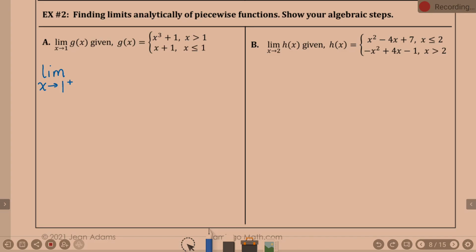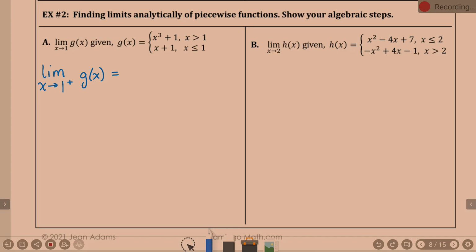And officially, I can say of g of x, because this whole thing is g of x, yes? If we're looking at the limit as x approaches 1 from the right, like what we were doing yesterday, we can plug the 1 in. Where do I plug the 1 into? Maybe greater than 1, right?